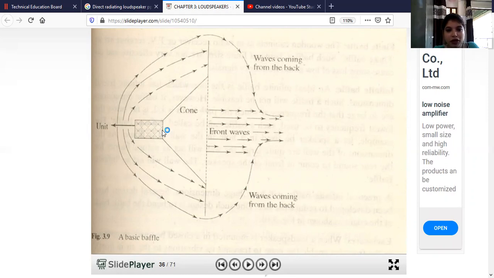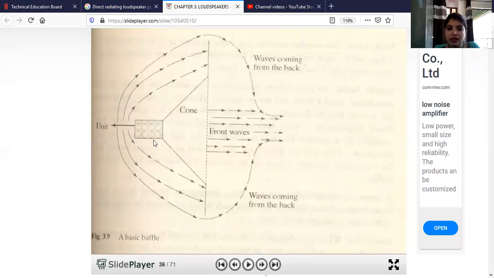In this baffle, you can see that this is a cone type loudspeaker, and these are the front waves. That means sound waves are obtained from here, and sound waves from the back are obtained here.